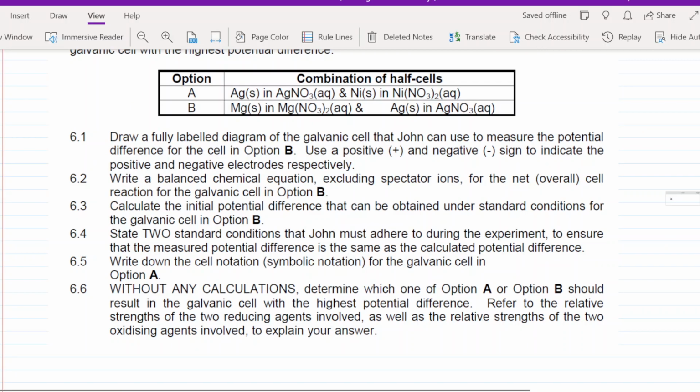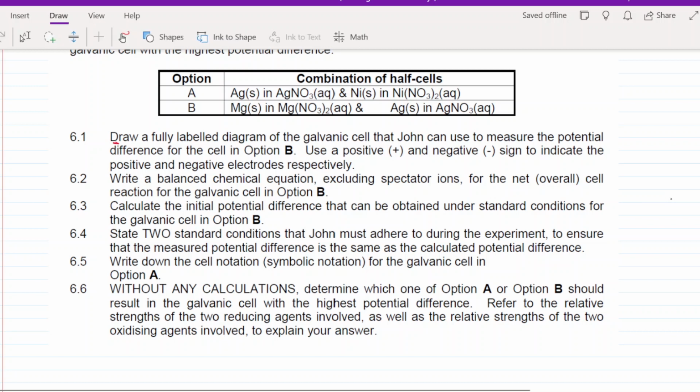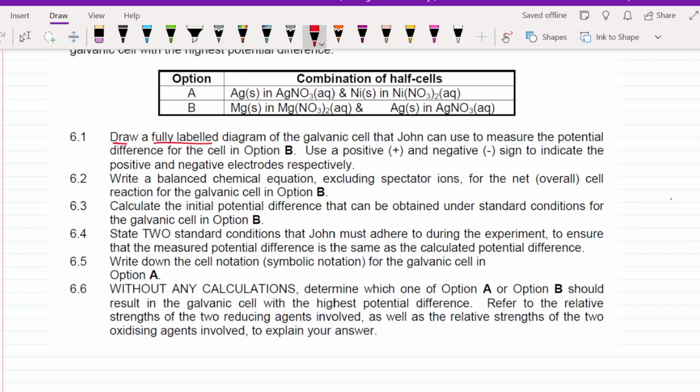Okay, so let's look at question 6.1. Question 6.1 says, draw a fully labeled diagram of the galvanic cell that John can use to measure the potential difference for the cell in option B. Use positive and negative sign to indicate the positive and negative electrodes respectively.